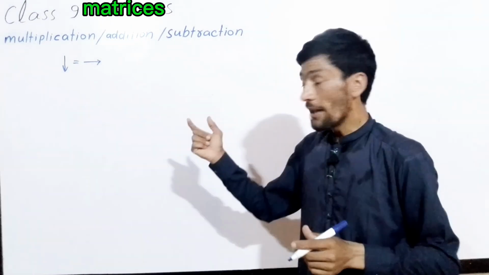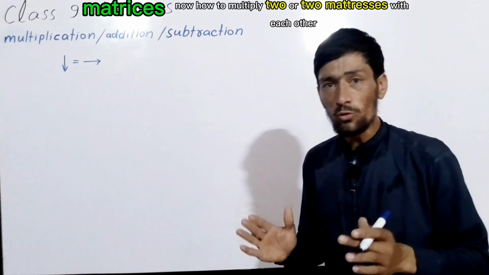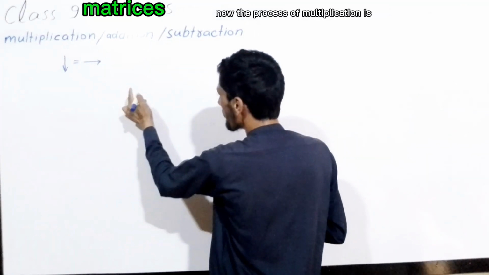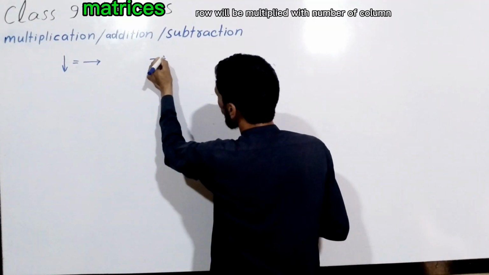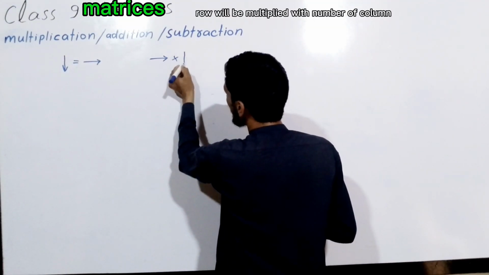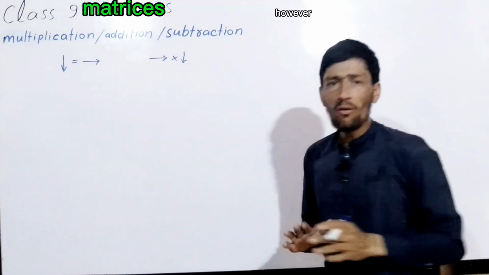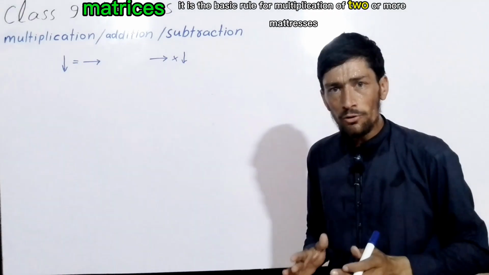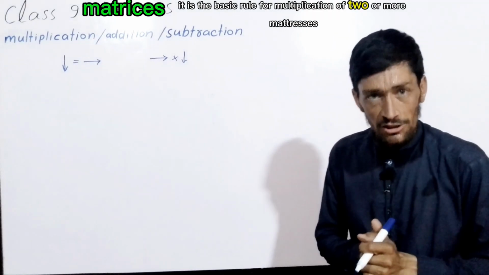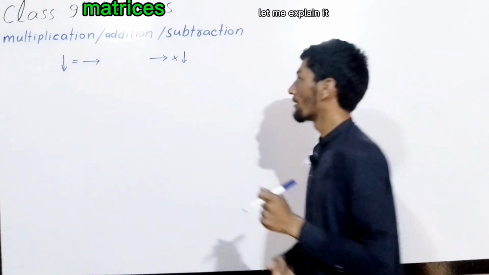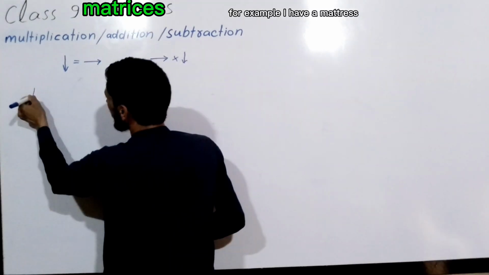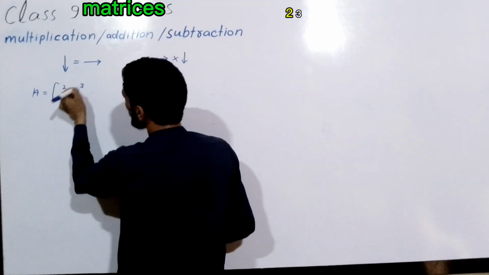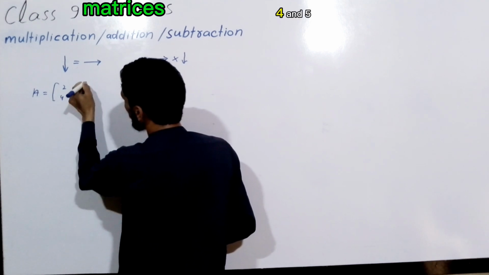Now, how to multiply two matrices with each other? The process of multiplication is that rows will be multiplied with columns. This is the basic rule for multiplication of two or more matrices. Let me explain it. For example, I have a matrix A: 2, 3, 4, and 5.